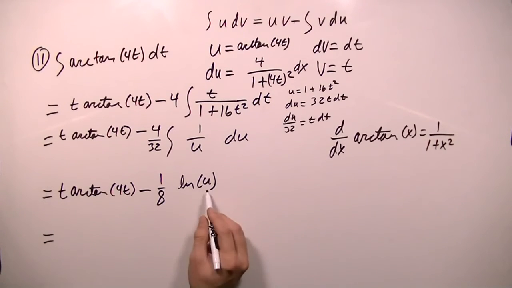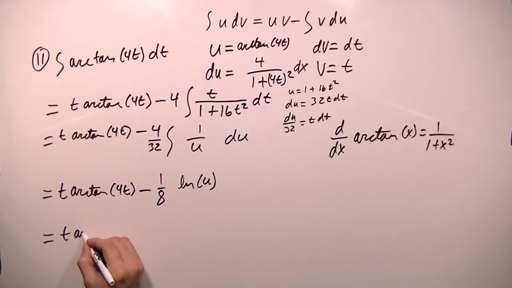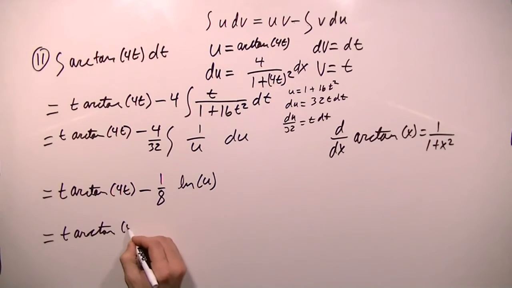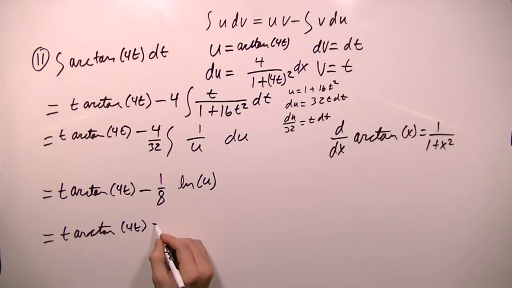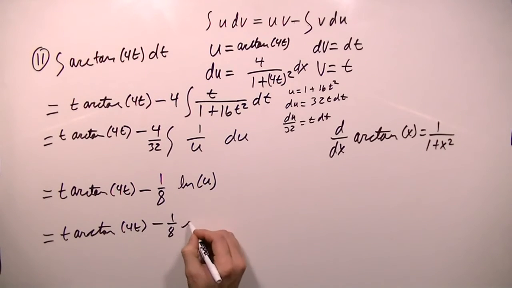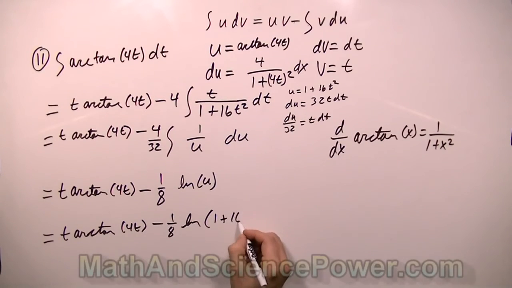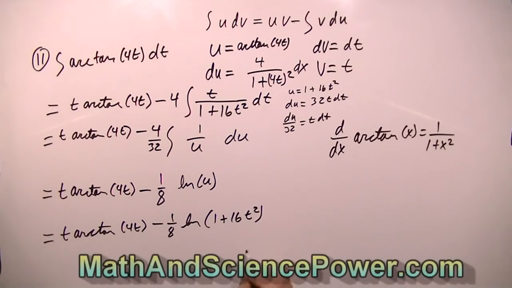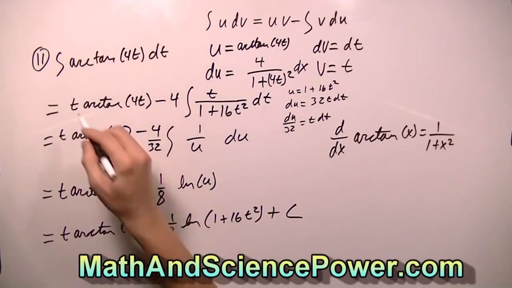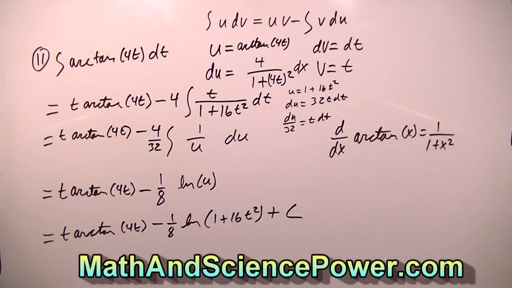And I just have to plug back in for my substitution here. So the answer is t arctan 4t minus 1/8 natural logarithm of 1 plus 16t squared. And I can't forget to add the c here because we're looking for an indefinite integral.